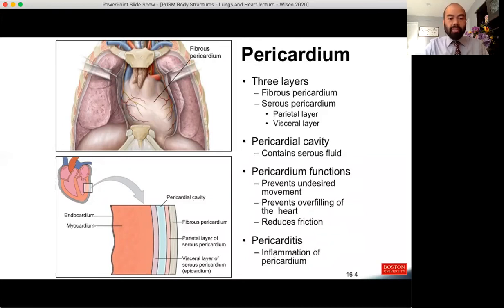Or its long name is visceral serous pericardium, but we already knew it was a serous layer. So visceral serous pericardium. Histologically speaking, it's the same layer that we consider as the epicardium. It's the same thing, right? On the other side of this pericardial cavity, which I'll go over in a second, is our body wall. And a body wall in this case is the fibrous pericardium.